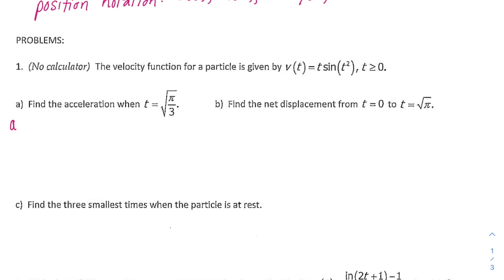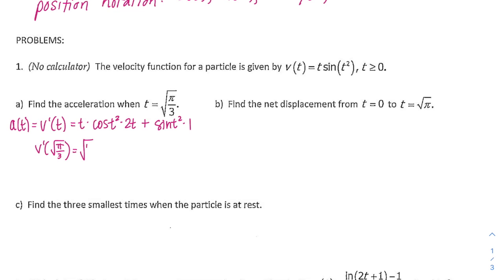So acceleration is equal to the derivative of velocity. So I'm going to take the derivative of my velocity function, which I'm going to have to do with a product rule. First times cosine t squared times 2t plus the second function sine t squared times 1. And then I'm going to find v prime of radical pi over 3.